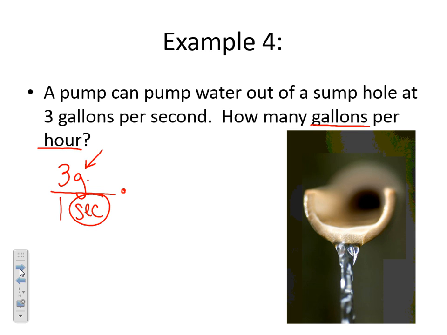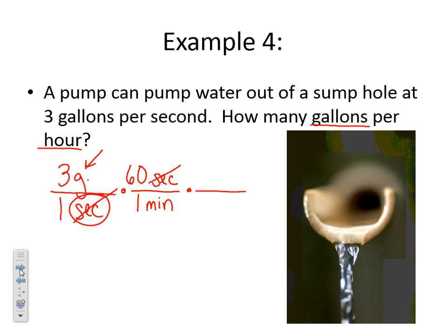So let's start with facts about seconds. Well, there are 60 seconds in 1 minute. So let's start there. I'm going to put the seconds in the numerator so that they will simplify. 60 seconds, 1 minute. Okay, now I have minutes as my unit. Let's talk about a fact that we know about minutes.